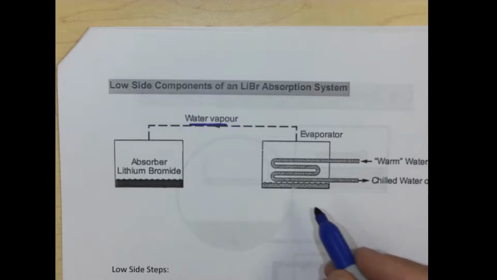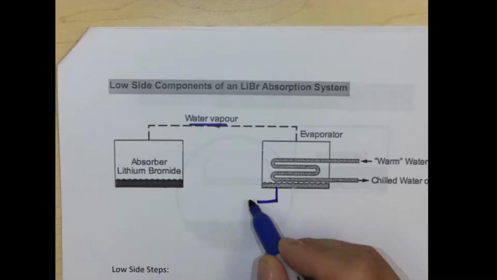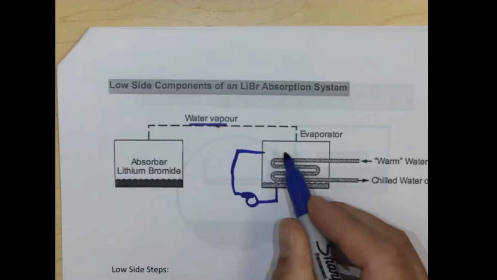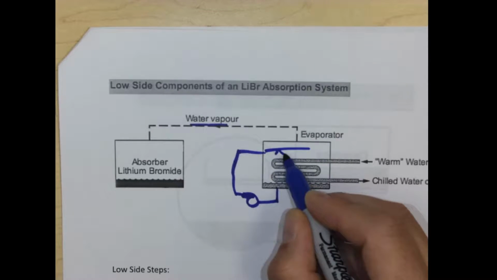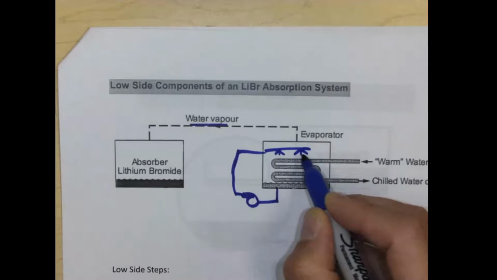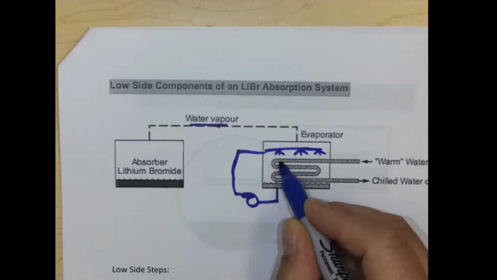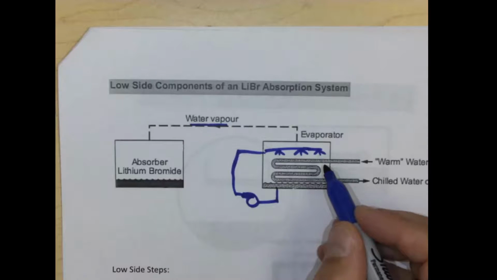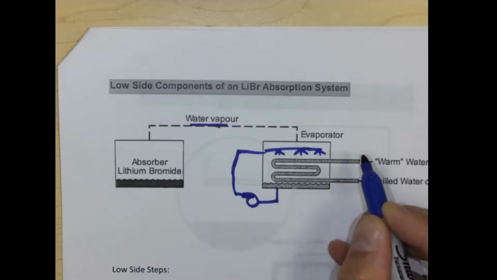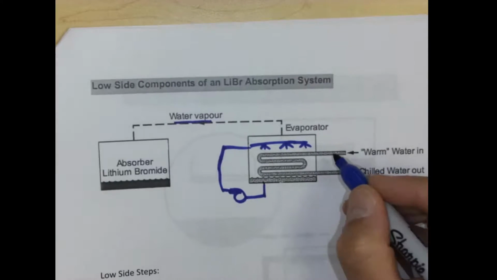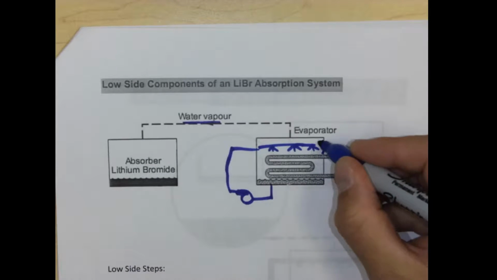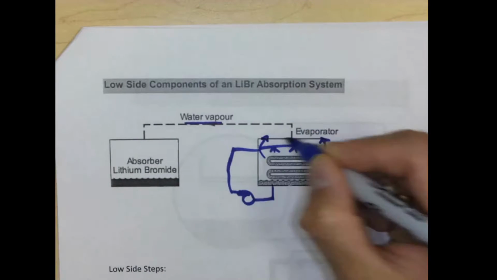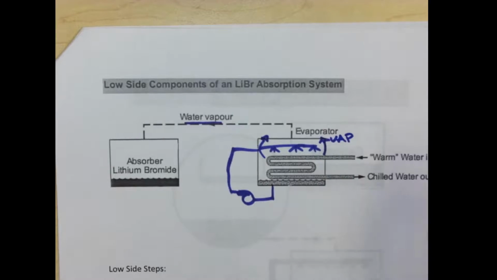Often we'll have a little pumping system with a pump and a little spray so that it mists on top of the tubes that need to be cooled. As these absorb heat, it creates some vapor, and so we have vapor that leaves.